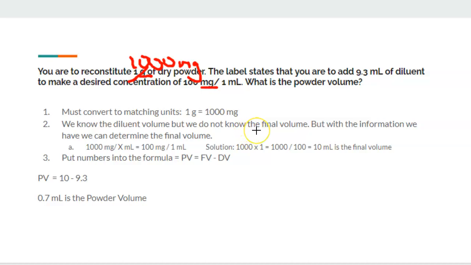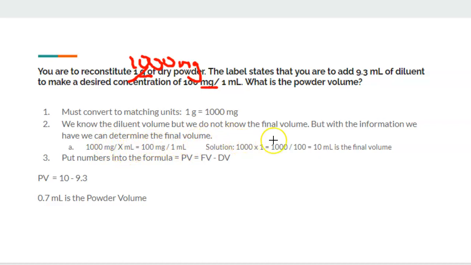But with the information we have, we can determine the final volume through ratio and proportion. We know there's 1,000 milligrams, but we don't know how many milliliters that is. That's our total volume. If there's 100 milligrams per 1 milliliter, 1,000 milligrams is going to be how many milliliters?